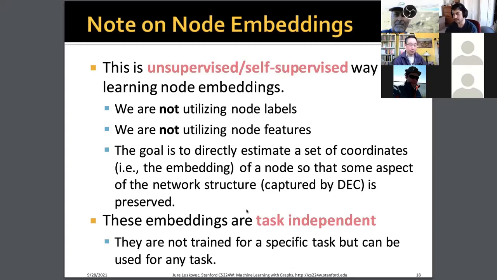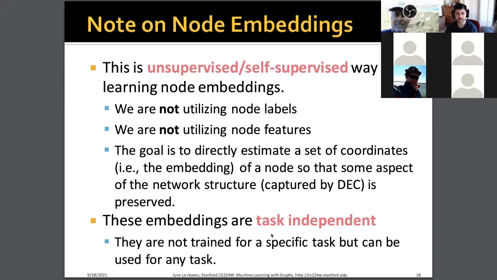Yeah, thanks, Ted. Getting back to this piece: exactly, it's unsupervised. We don't have any labels at this point. We're just trying to generally learn something out of the graph based on its structure and the way that it's interconnected. So these embeddings are task independent.